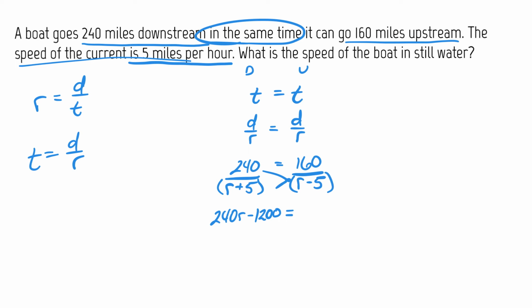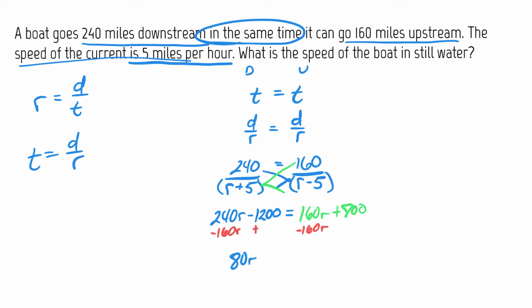And then we'll multiply the 160, 160R plus 800. Like I said on the last example, it's usually pretty self-explanatory where we want to move everything on these linears. I want to move the 160R over here, make the smaller one go to the bigger one. That would give me 80R.